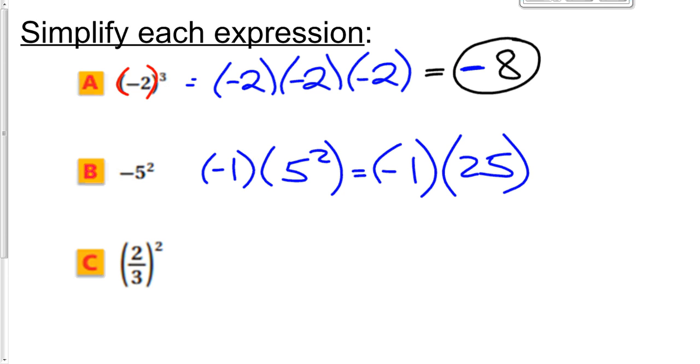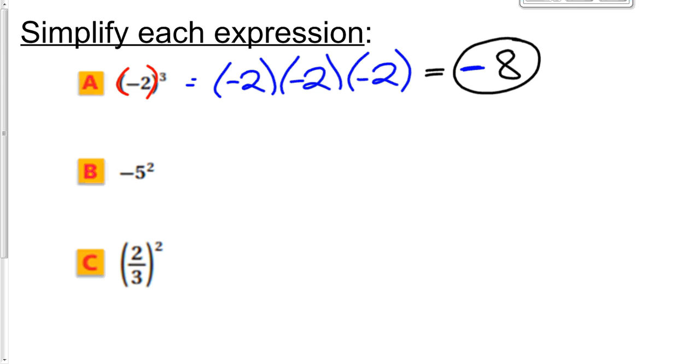But the way that I like to think about it is, if that negative is not in parentheses, then I'm going to get a negative answer no matter what, because I just have the negative hanging out and the power is not applied to it without parentheses. That's negative 25.